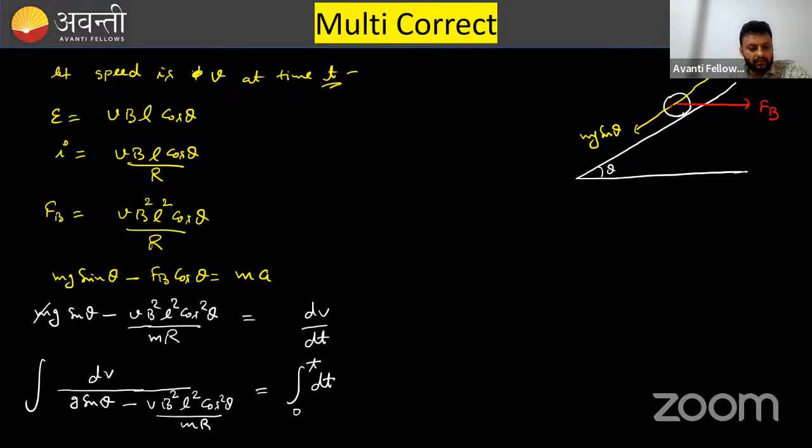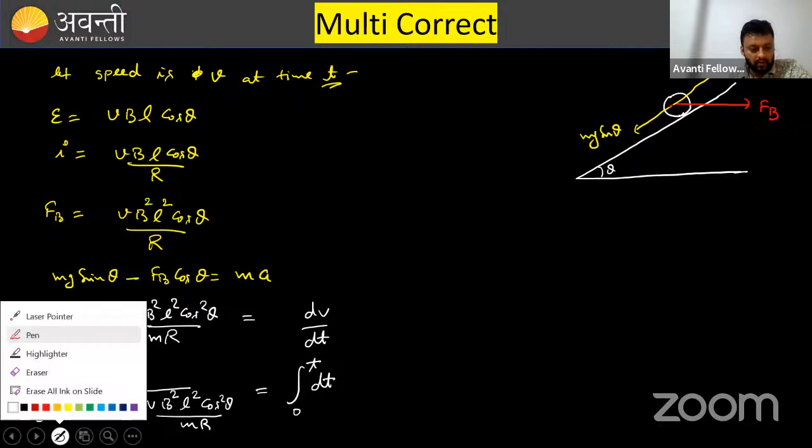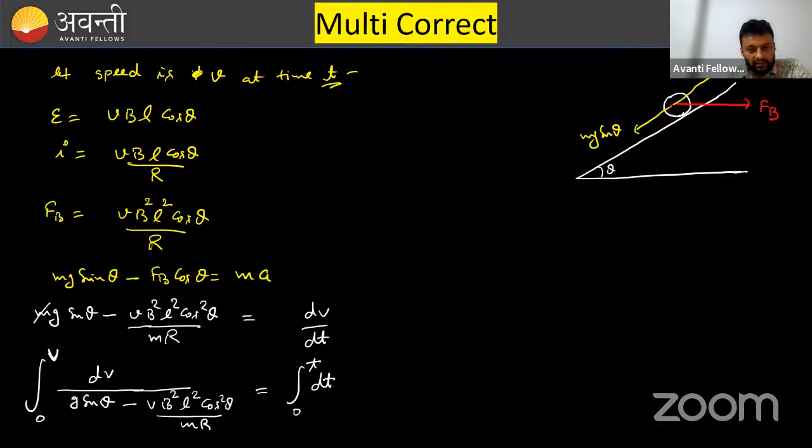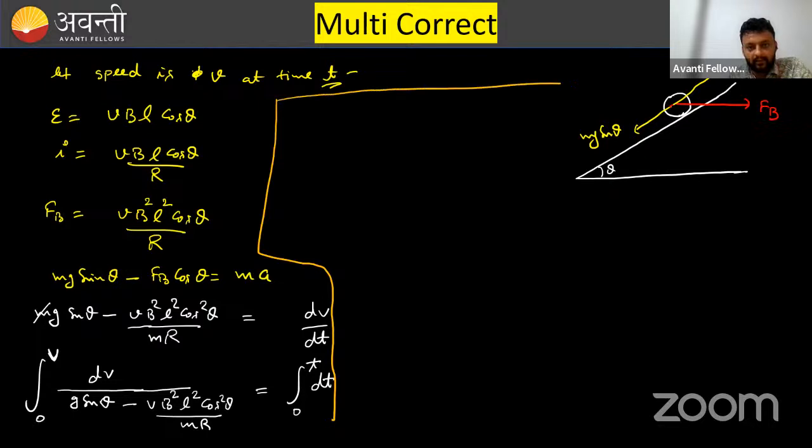Now if I integrate it, 0 to some time t, initially it was released, then 0 to some speed v. Let's suppose speed is v. Now this is the integration part. What will be the integration of this? Will this go into ln?